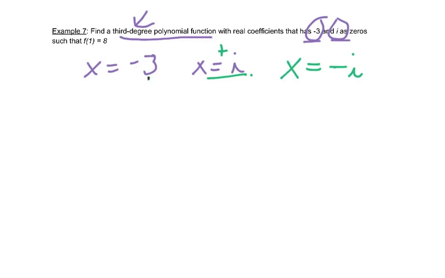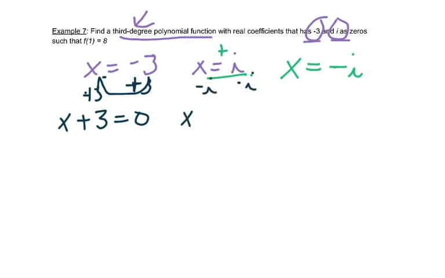So now we're going to move this over to this side by adding 3. So that I get x plus 3 equals 0. I'm going to move the i over by subtracting it, so I get x minus i equals 0. And here I'll add the i, so I get x plus i equals 0.